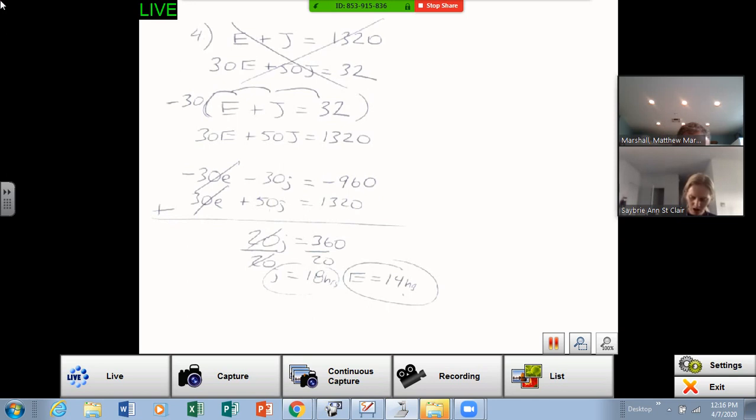And again, with these system problems, the first equation always deals with the amount of stuff, like the amount of shirts or the amount of hours that these families use the sprinklers, and then the second one deals with either the rate of change or the price. If that makes sense. But yeah, once you get those equations in, it's not too bad.